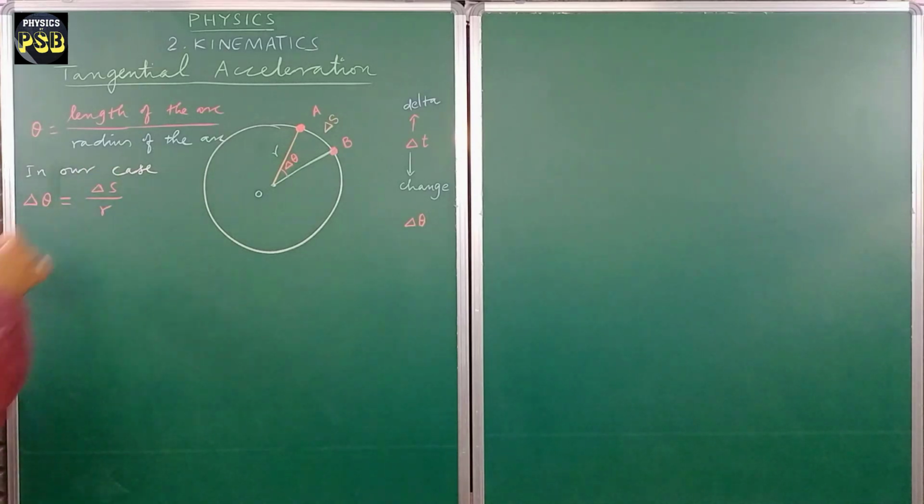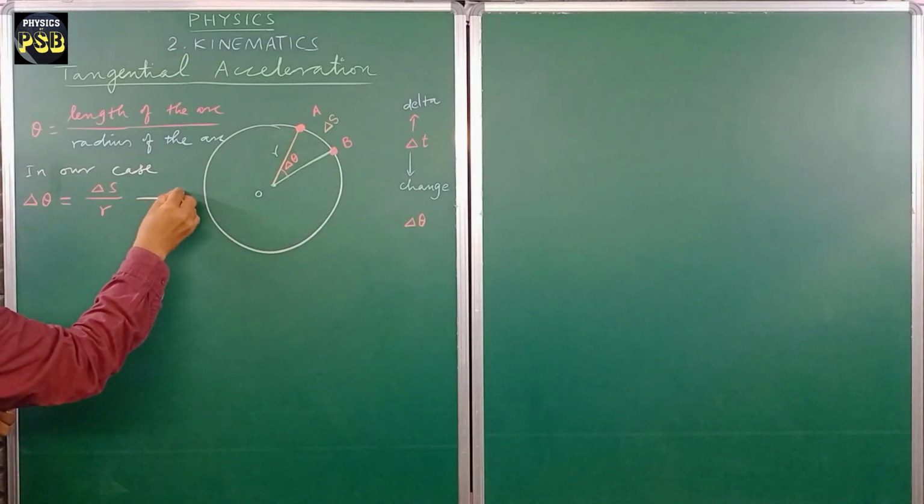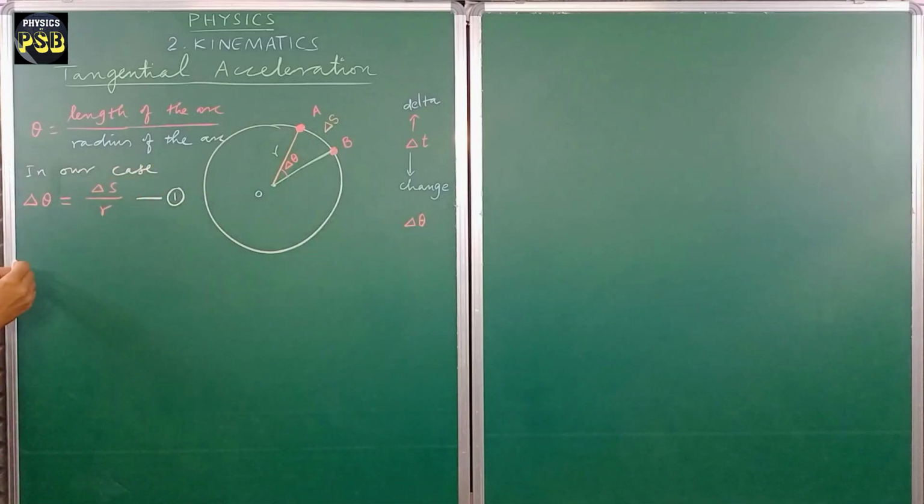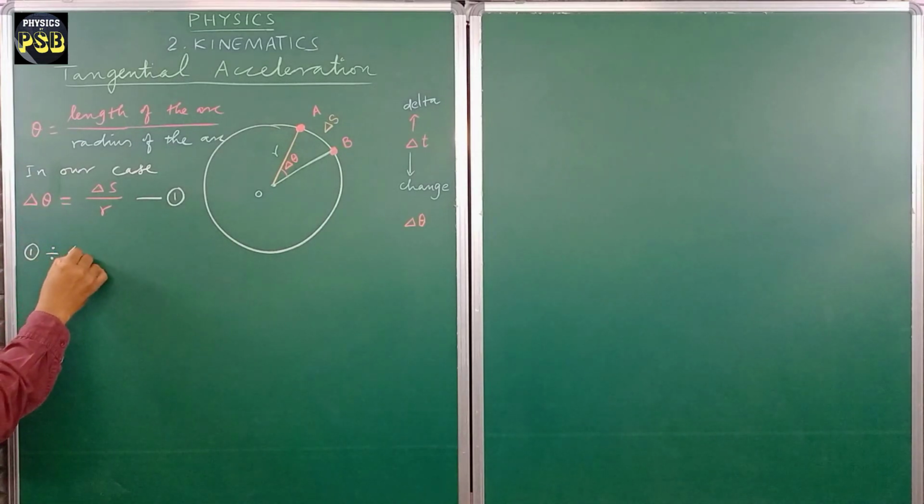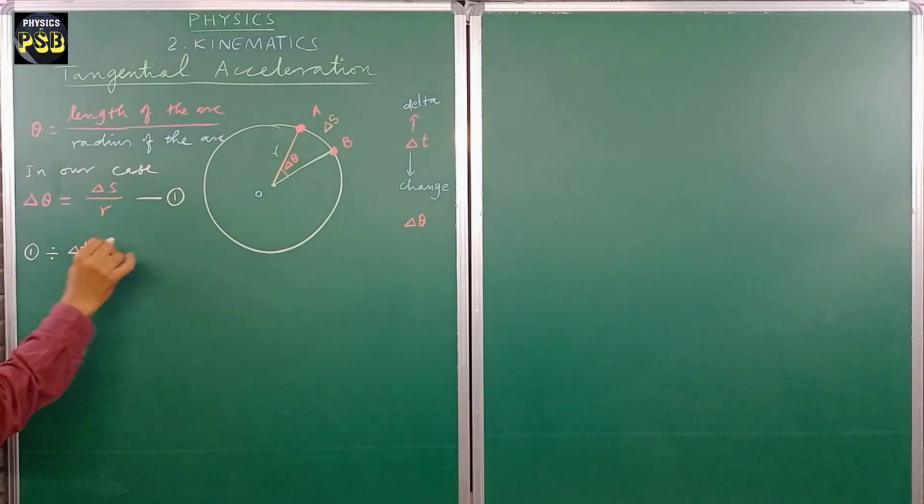Next, I'll make a small change to this. Before doing so, I take this equation as equation number 1. Now, equation number 1 is divided by delta t.